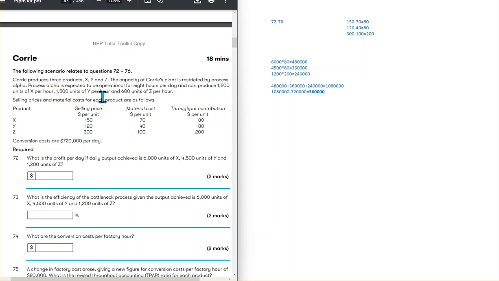Alpha is expected to be operational for 8 hours per day. They didn't say here whether it is per day or per hour or whatever, but I will assume it is per day. So it is available 8 hours and can produce 1,200 units of X, 1,500 units of Y, and 600 units of Z.